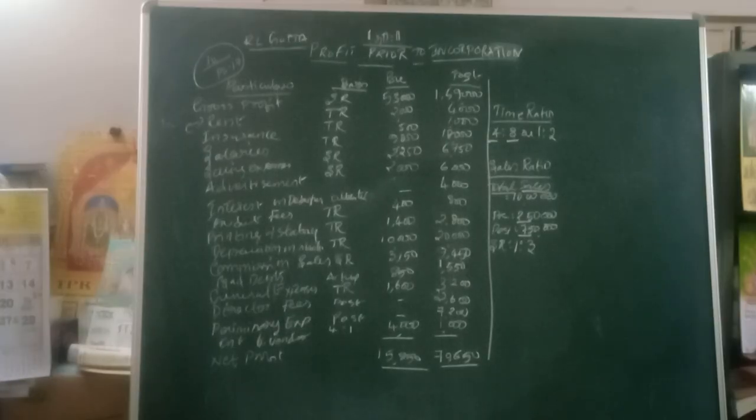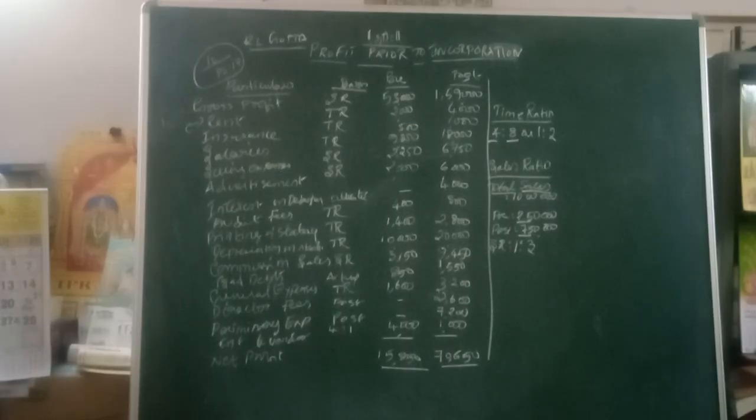Then printing and stationery, this is an indirect expense. It is taken only on time ratio. On a monthly basis, whatever amount of printing and stationery we have spent, accordingly we take it based on time ratio. Then another one is depreciation for machinery.